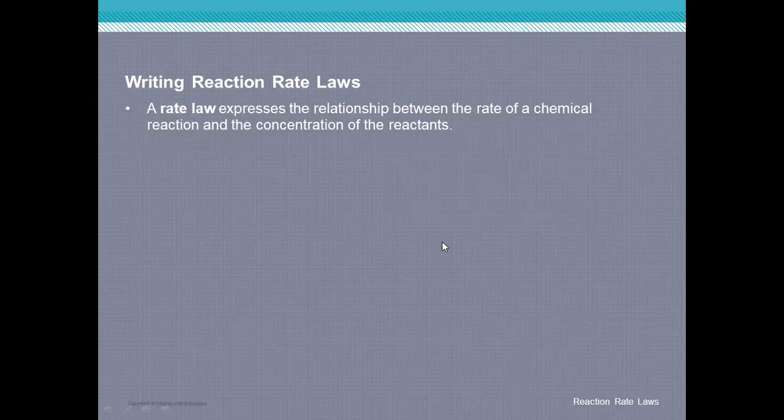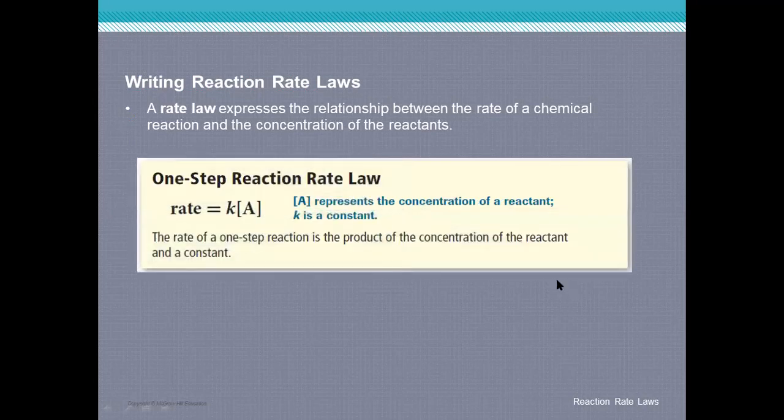Between the rate of a chemical reaction and the concentration of the reactants.